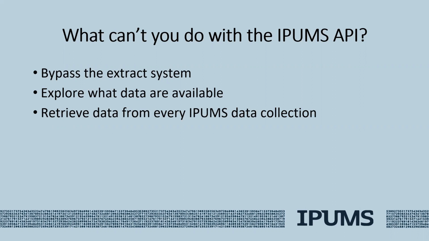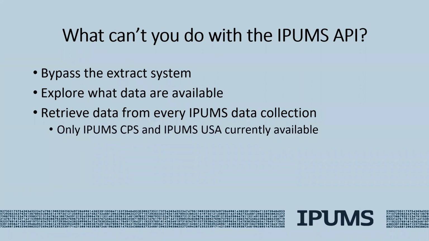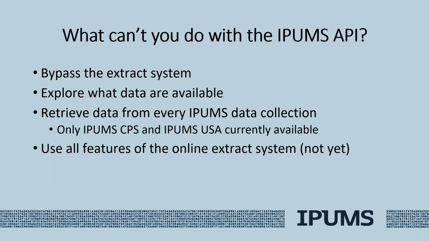You cannot currently access all IPUMS data collections via API. Currently, only IPUMS CPS and IPUMS USA are available this way. We hope to expand API access to other data collections, so stay tuned if there's another one you're interested in. And finally, you can't use all of the features of the online extract system.